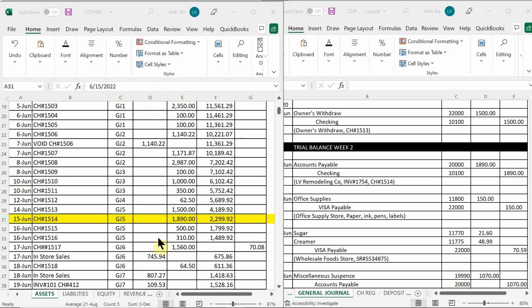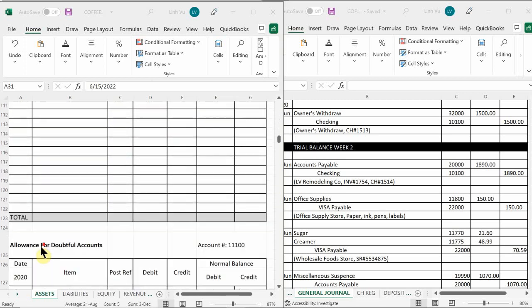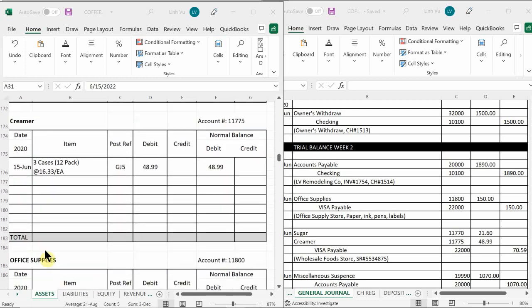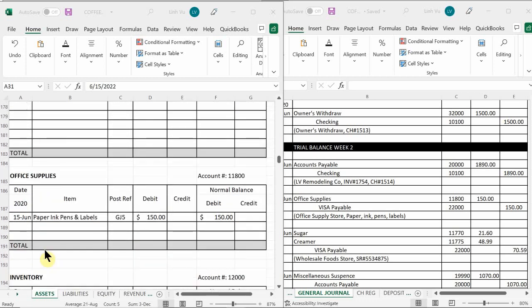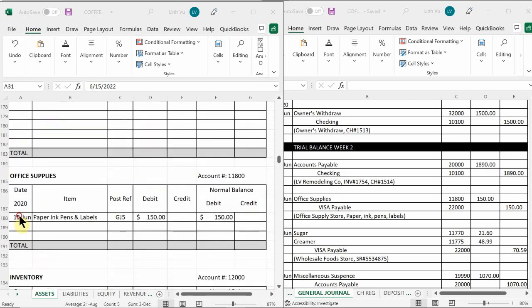Let's see what's next. Did I purchase office supplies on my Visa payable? Office supplies, yes, I did. I purchased them for 150.